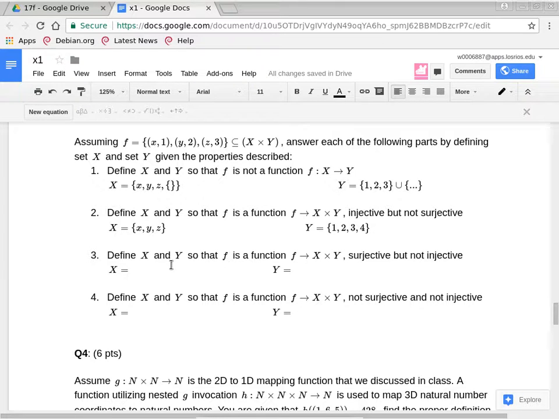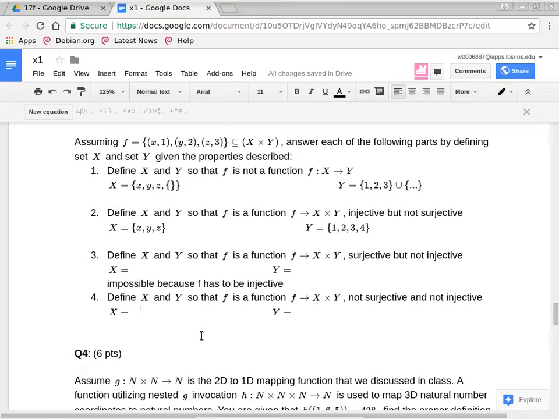Okay, but we still have to finish this one. It cannot be surjective but not injective, so it's not possible. We'll say here: impossible because f has to be injective. What about the last one?